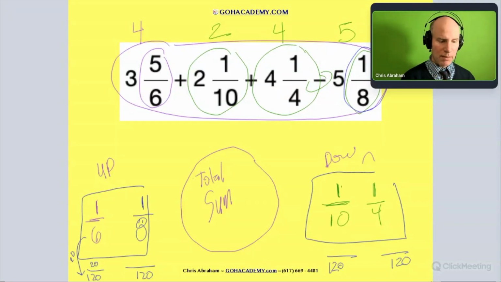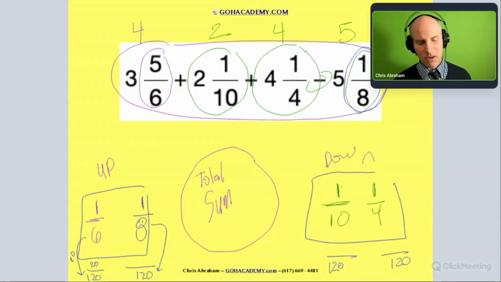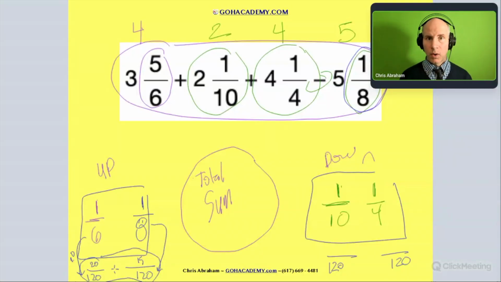Now, what about this one? How many times does 8 go into 120? It's a little tricky. It actually works out to 15. So 8 times 15 is 120, and 1 times 15 is 15. So what we have right now are the fractions that are over. If we add these two together, 20/120 plus 15/120, we keep the denominators the same and just add the numerators.